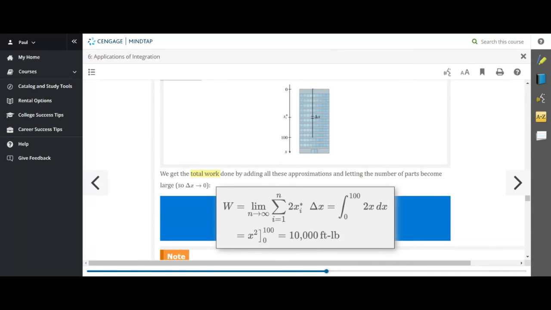These are just some examples from section 6.6, the applications to physics and engineering, and we're looking at work. On Tuesday's class next week, we're going to be continuing section 6.6 and looking at some other applications, such as how much work it takes to pump water out of a tank.